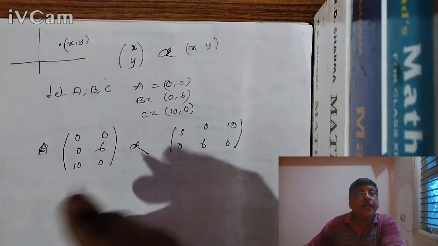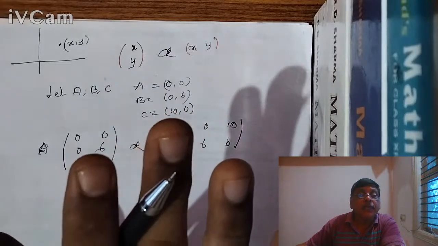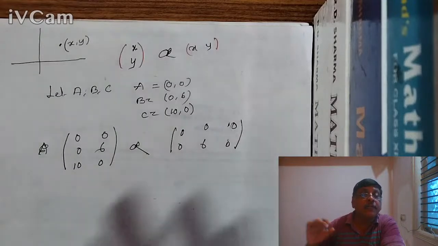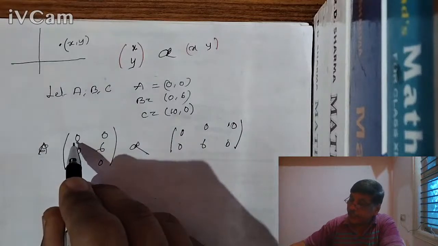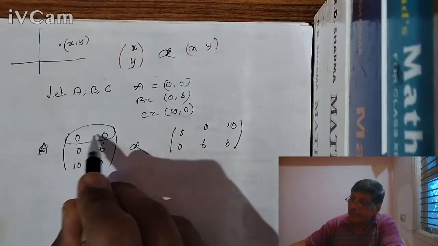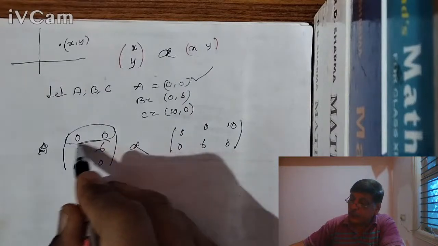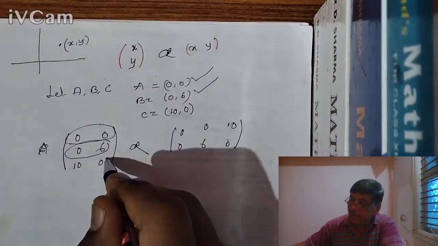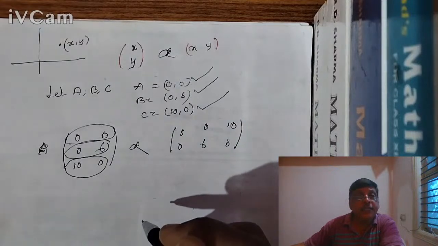In the beginning I told you that a matrix is only the representation or display of numbers in our convenient form. But in this matrix, the first row indicates the x and y coordinates of point A. 0, 6 represents the x and y coordinates of point B. 10, 0 represents the coordinates of point C.